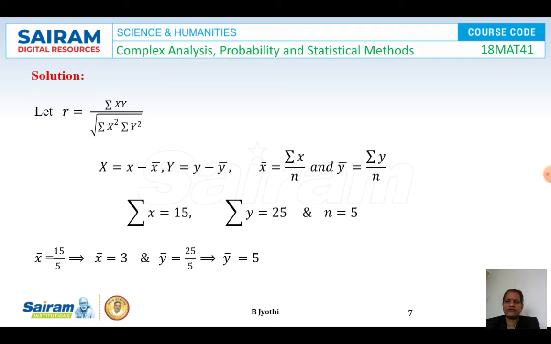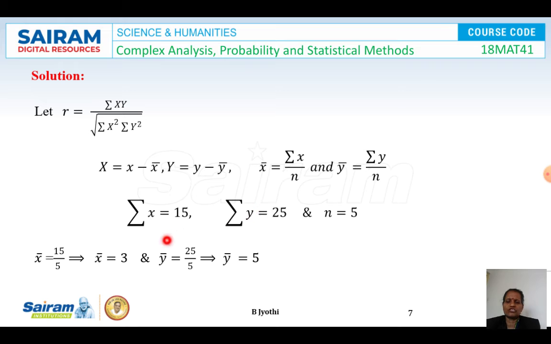So r, the correlation coefficient, is given by summation XY divided by root of sigma X square into sigma Y square, where capital X is x minus x bar and capital Y is y minus y bar. And x bar is given by summation x by n and y bar is given by summation y by n.